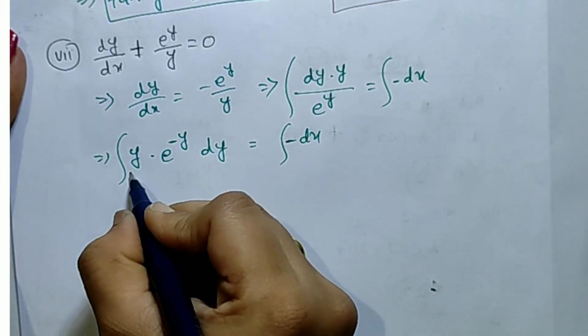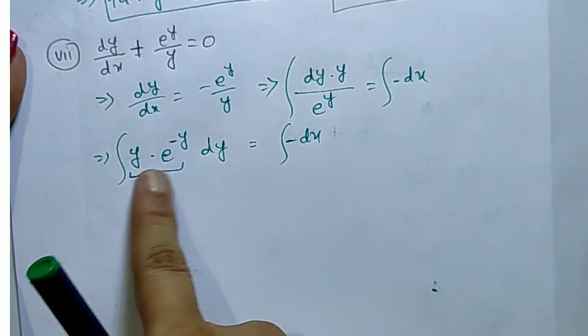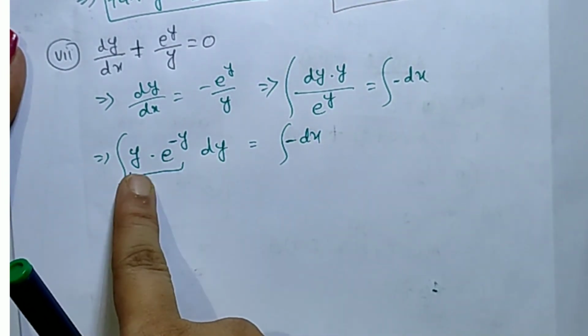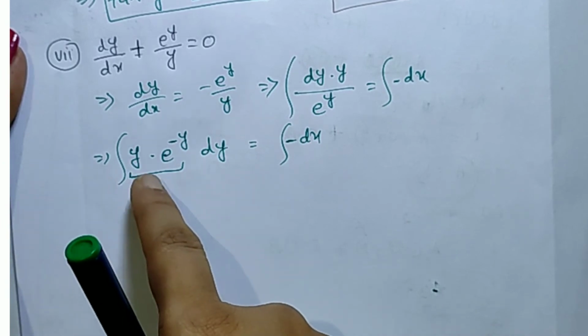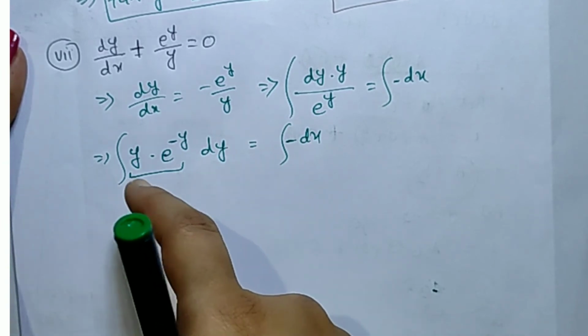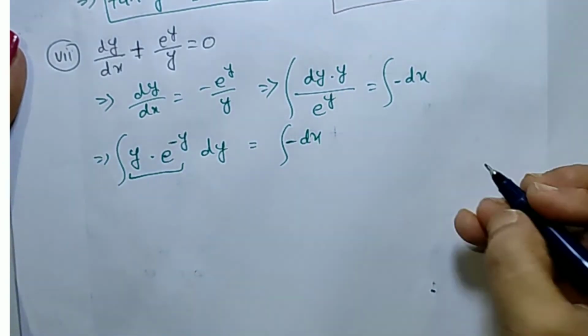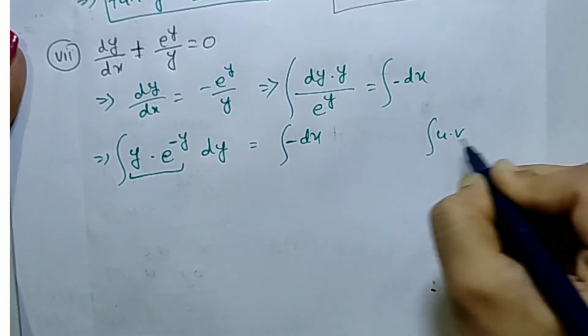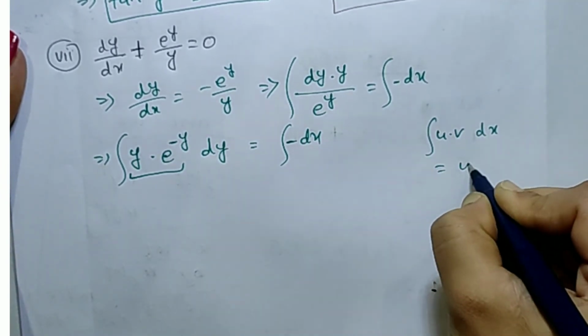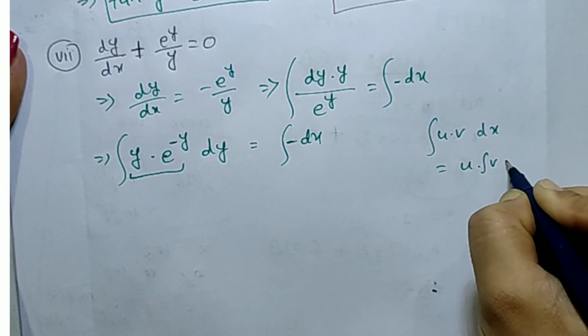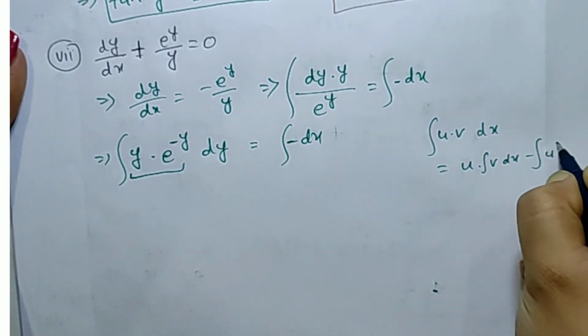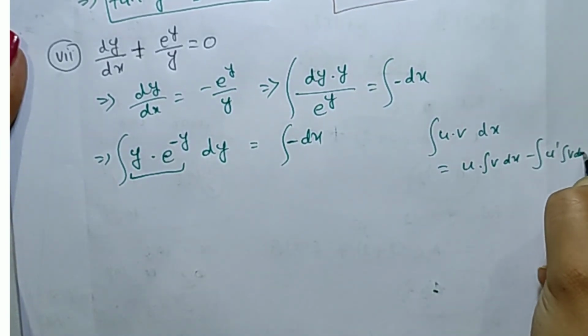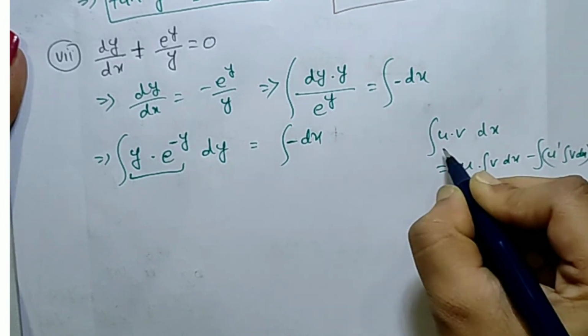Now this is a product of functions of y, so we can solve it by integrating by parts. Integration of u into v dx is equal to first function times integration of second, minus integration of derivative of first times integration of second. This is the formula.